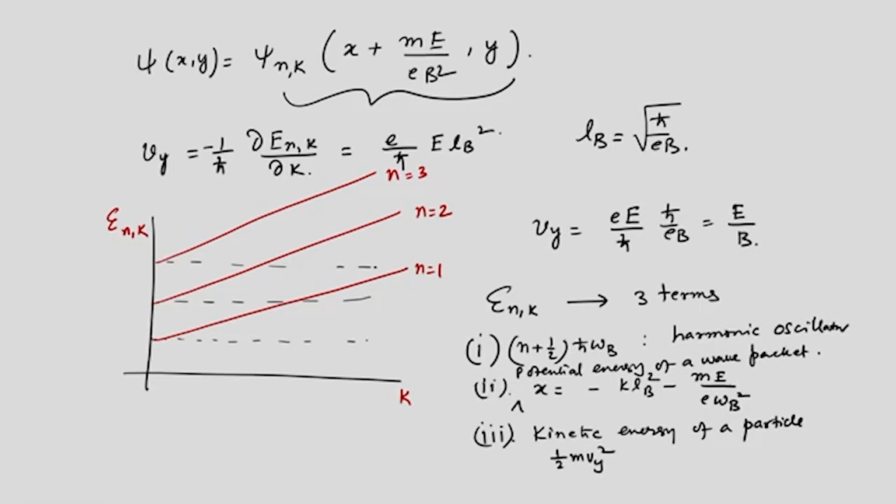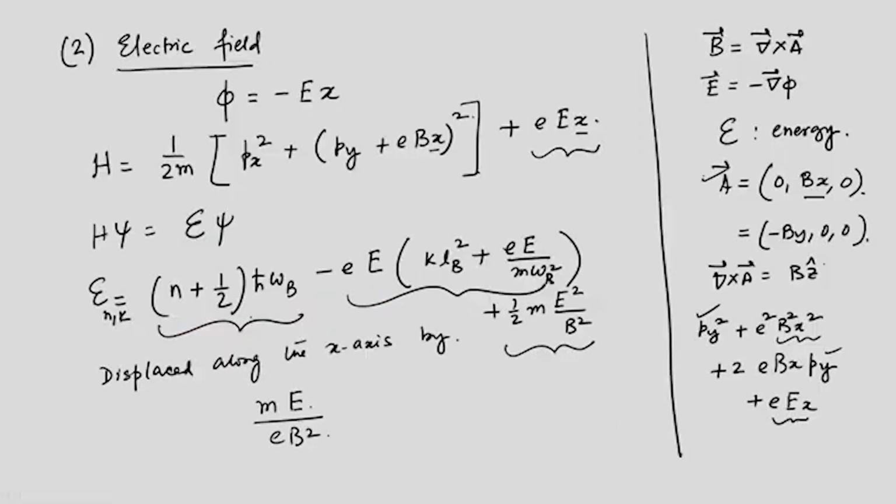So if you see this, this is the usual harmonic oscillator energy. This is like a wave packet that is localized because this is like a length. So the electric field into charge into some distance will give rise to the potential energy of a wave packet, and this is that particle moving in the y direction.